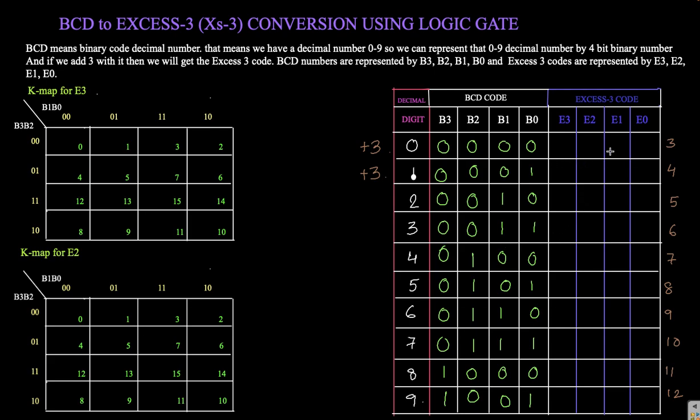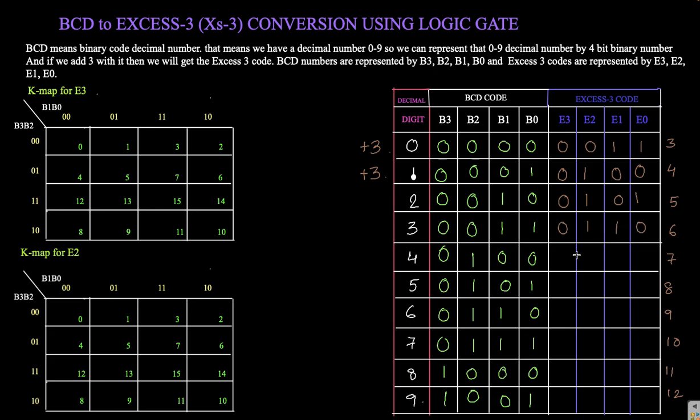If you write 3, it becomes 0 0 1 1. Then 4 becomes 0 1 0 0, then 5 becomes 0 1 0 1.